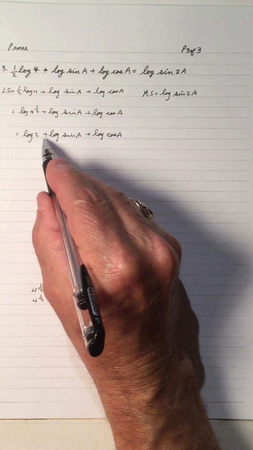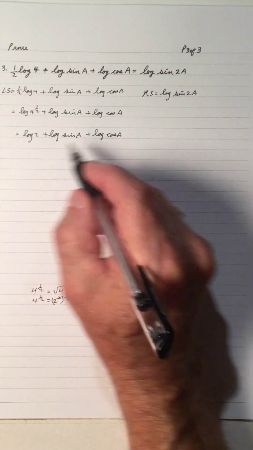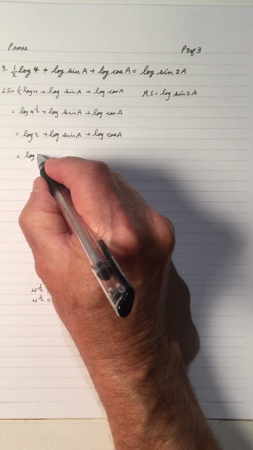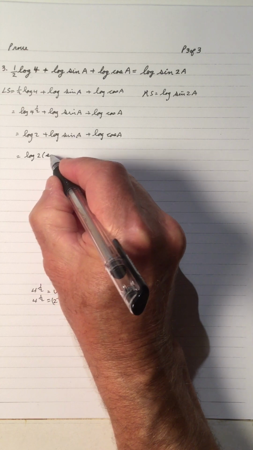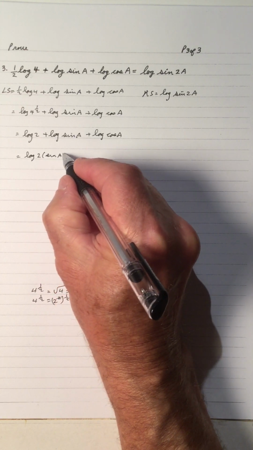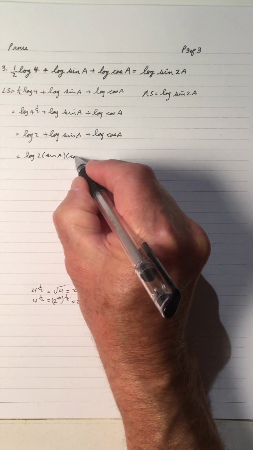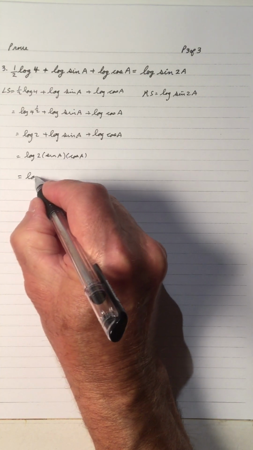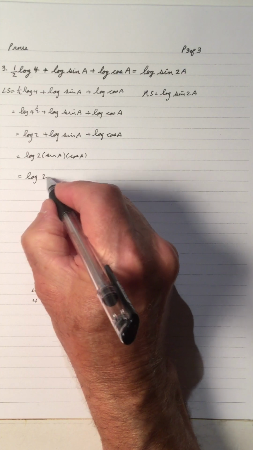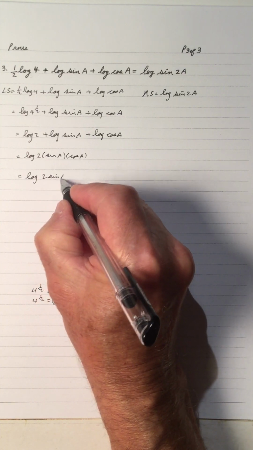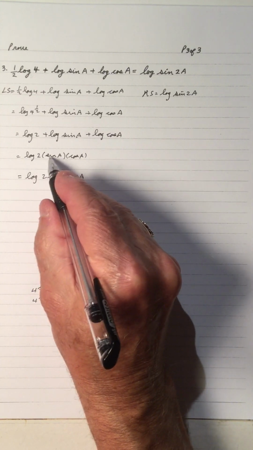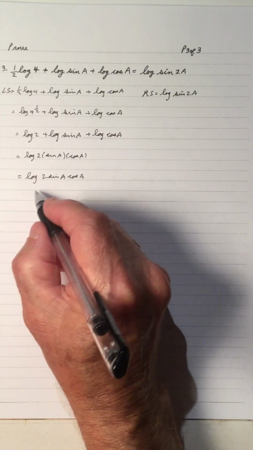Now we have the sum of logs, and the sum of the logs is the log of the products. So we have 2 times sine A times cos A. So that's the log of, altogether, 2 sine A cos A. Just to write it out, I could have left out the brackets and done just that.